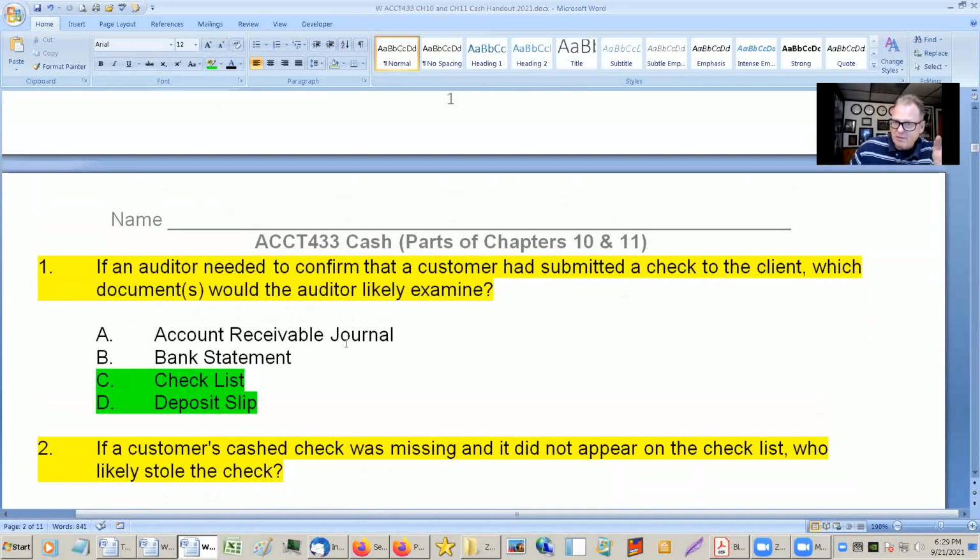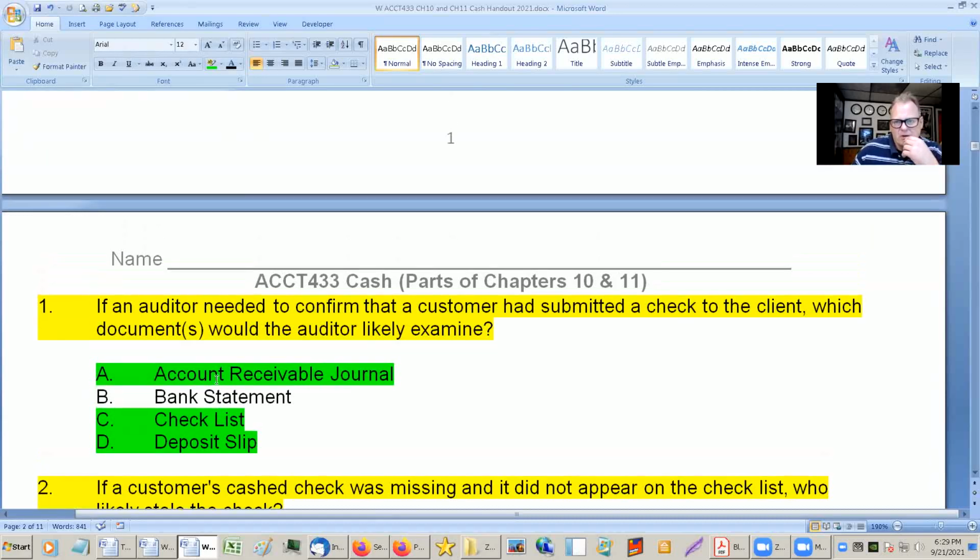It should also be in there. That's not a bad one. The bank statement is not going to be a tremendous amount of help. It's possible that, say, with accounts receivable, that would be why you would be looking into it: how did this get into that account? But either way, you have to look at the checklist and the deposits.